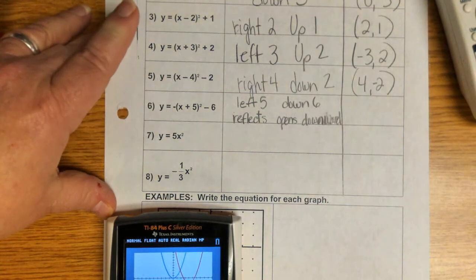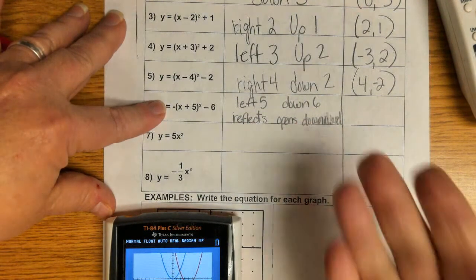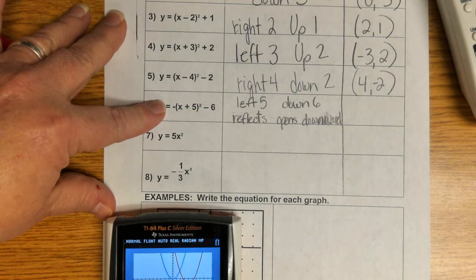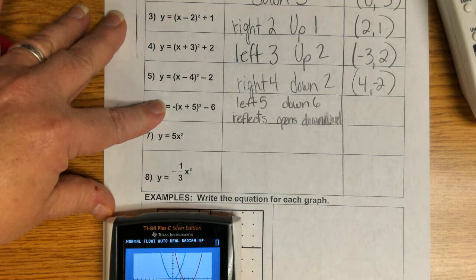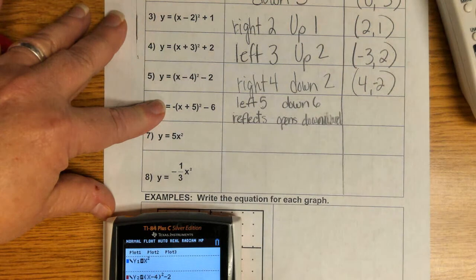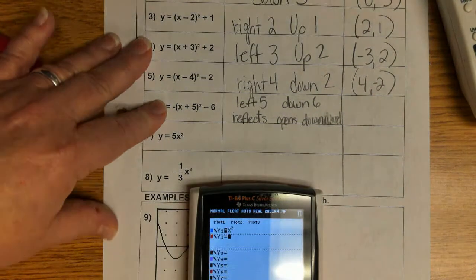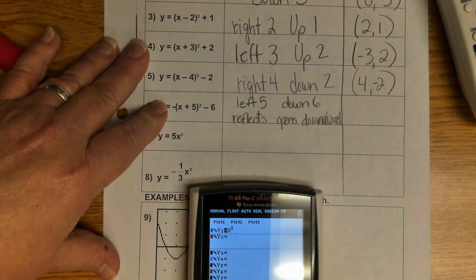Okay, so now I've got to figure out where my vertex is. I could put this whole thing in and find the vertex by left bound, right bound, or I can figure out that if I move left 5 from 0, 0, that is where x is negative 5.